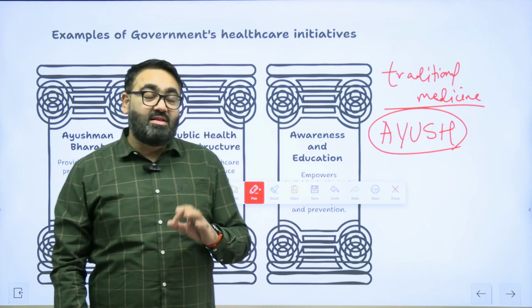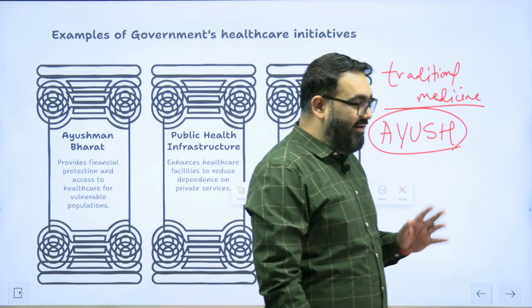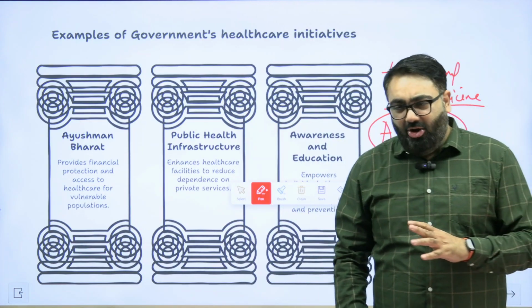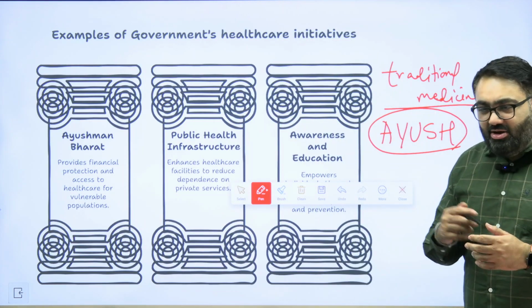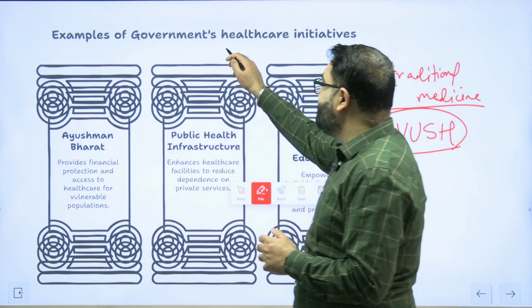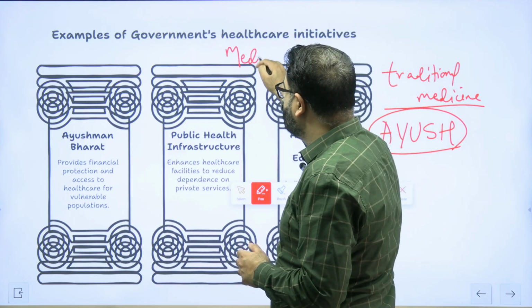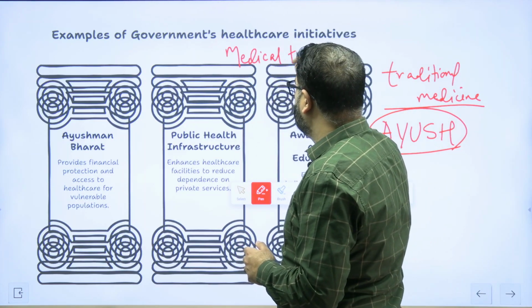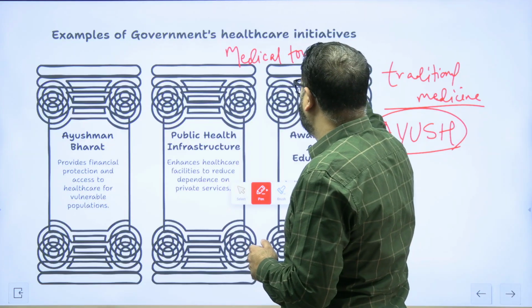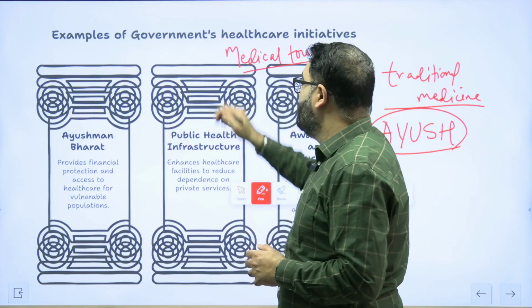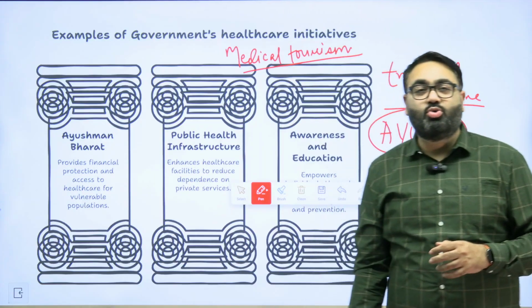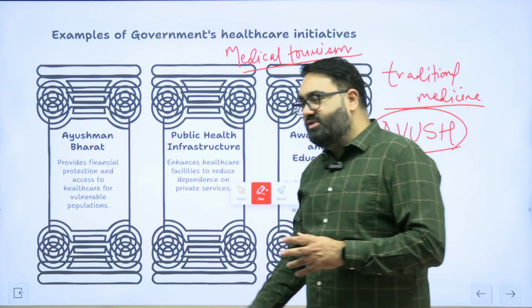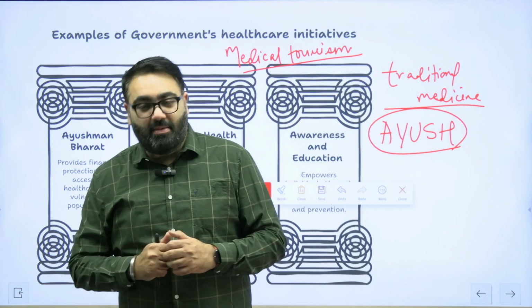Now, one other aspect of it I would like to highlight here. India also, interestingly, is kind of becoming a hub for what you call medical tourism. For example, you will see Chennai especially has become a hub for medical tourism.